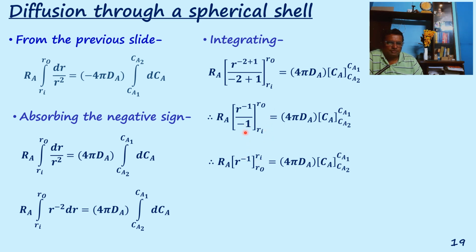Now after absorbing this negative sign, we have changed it to R0 to Ri. So you have Ra into r raised to minus 1 R0 to Ri, that is equal to 4 pi dA into Ca from Ca2 to Ca1. Okay, so r raised to minus 1 is nothing but 1 upon r, so you have Ra into 1 upon r, limits R0 to Ri, that is equal to 4 pi dA into Ca, limits Ca2 to Ca1.